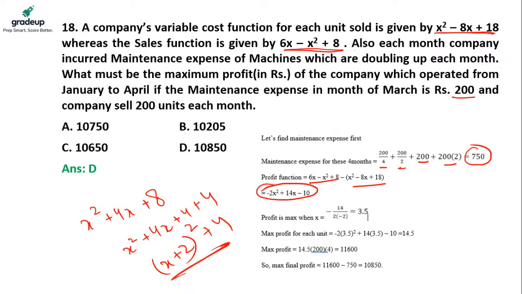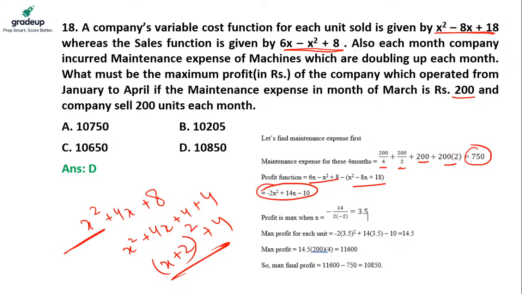Why minimum? Because if you keep on increasing the value of x, the value of this function will keep on increasing. So if the coefficient of x square is positive, I will always have a minimum value. There will be no maximum value.